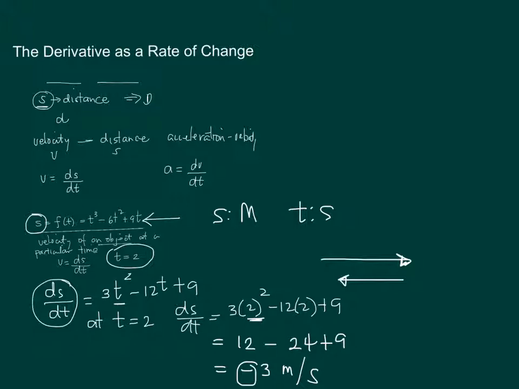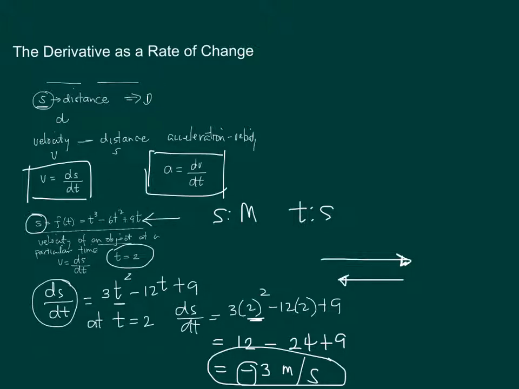That's the meaning of negative 3 meters per second. So again, what you need to keep in mind is the relationship of velocity and the distance, and acceleration and velocity. The velocity is the derivative of distance with respect to time, and acceleration is the derivative of velocity with respect to time.